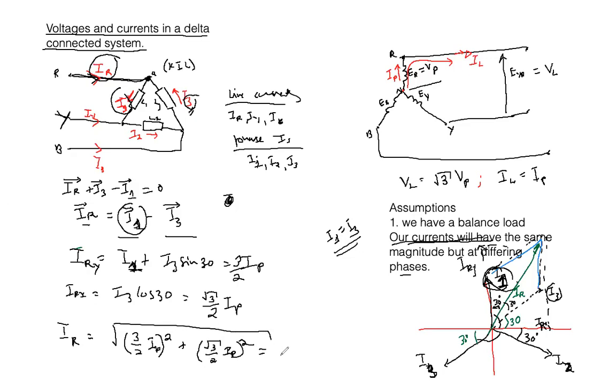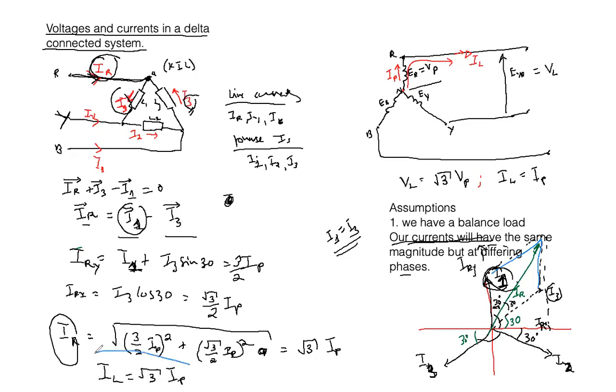If you simplify this, you should get root 3 of I phase. That means IR, remember, is a line quantity. So when you have a delta connected system, your line current is equal to root 3 times the phase current. That is the conclusion.